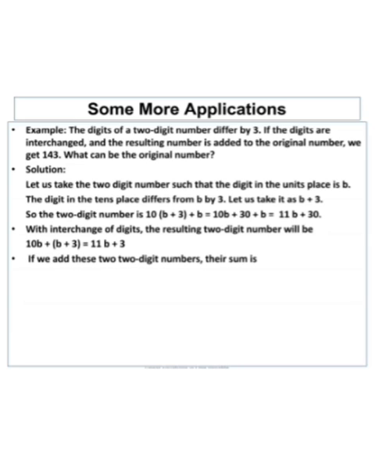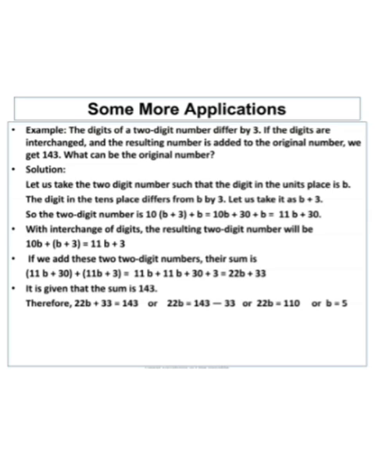If we add these two-digit numbers, the sum is 11b plus 30 plus 11b plus 3 is equal to 22b plus 33, which is equal to 143.